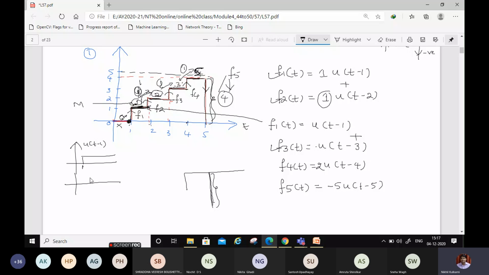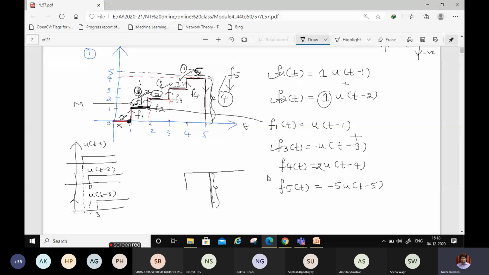Another signal is u of t minus 2, which starts at 2. Third signal is u of t minus 3. So if you go on adding with respect to the time values, you will get this one only. Okay, getting that?